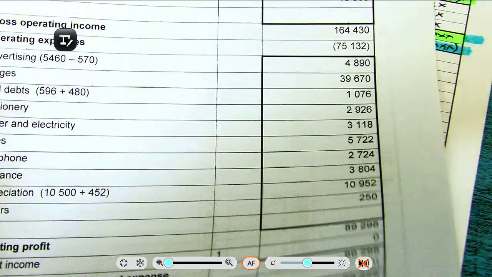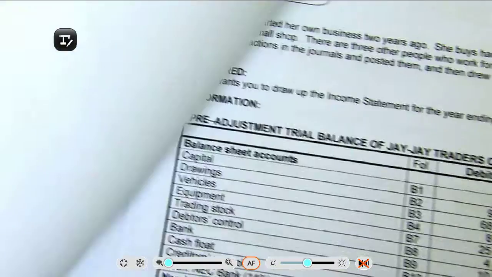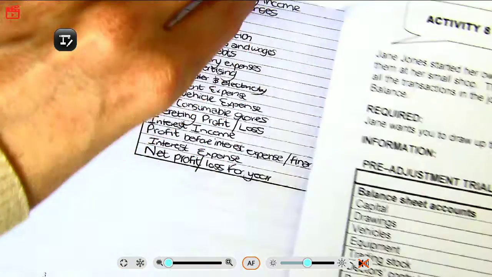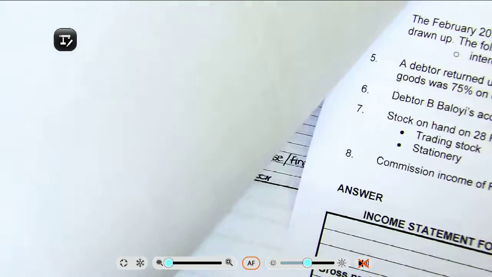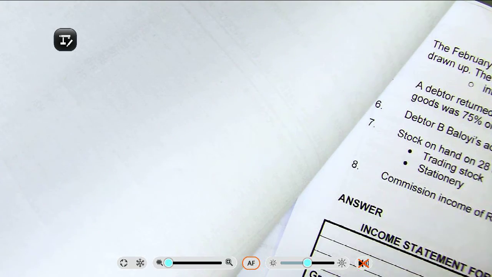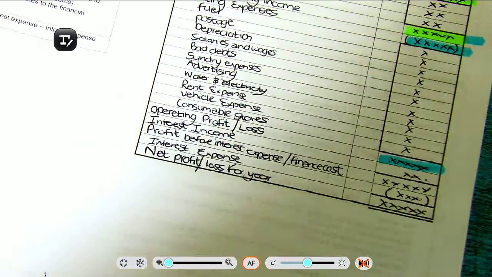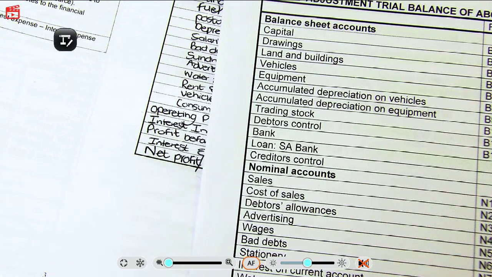Okay, now for some reason, I want you to do activity 8. What I was going to say is that for some reason we printed the answers of activity 8 on your sheet. So the answers are there, but I want you to do activity 8 by yourself, for yourself.